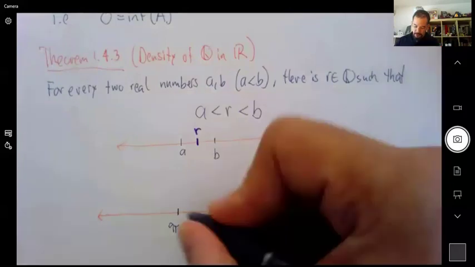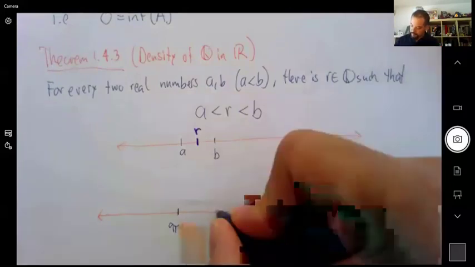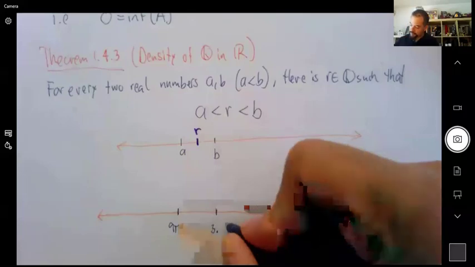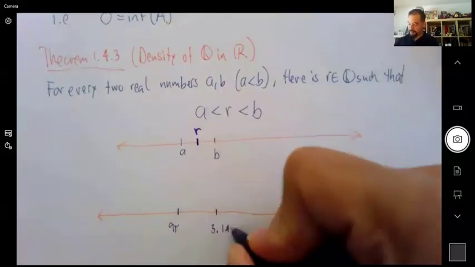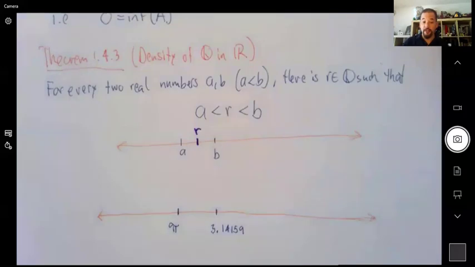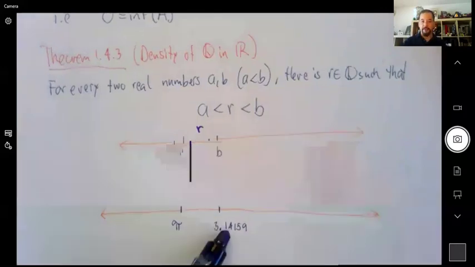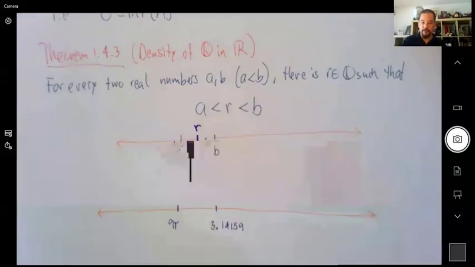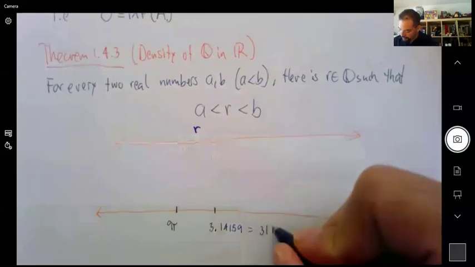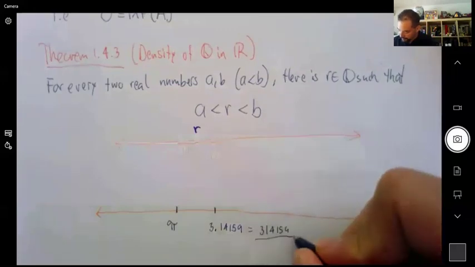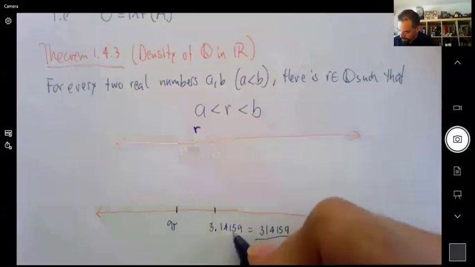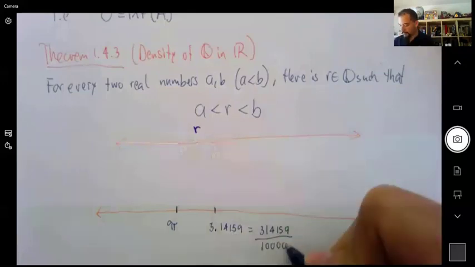And then maybe this other number, which is 3.14159, which, by the way, is not irrational, right? That was in quiz number 1. This is a rational number, right? Because you can write it as 3.14159 divided by 1 followed by 5 zeros, so by 100,000.